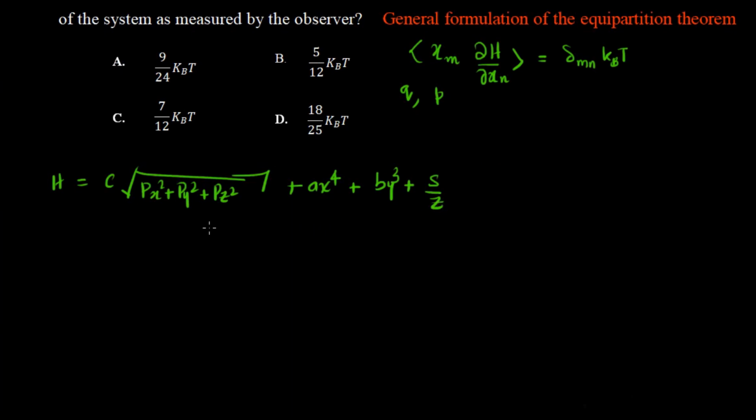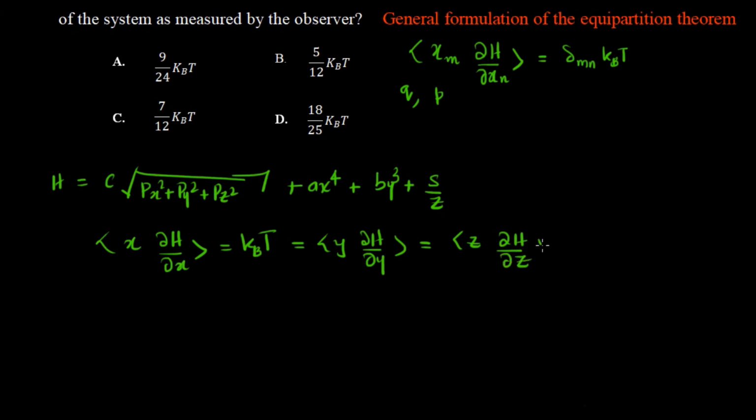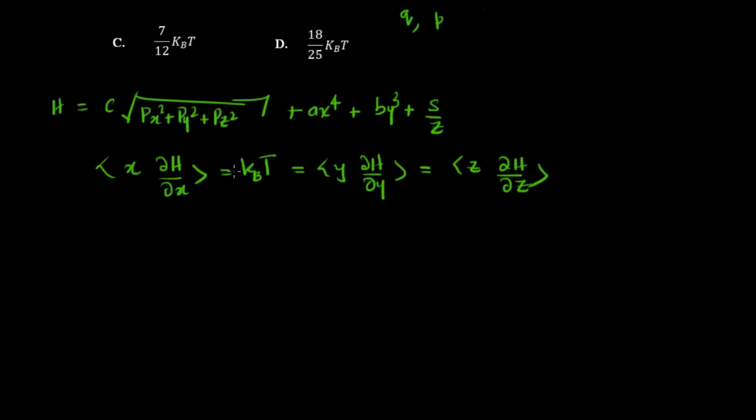In general, I can write x dH/dx is k_B T, and similarly y dH/dy, and z dH/dz. We are going to do this to find the average energy of the potential part, where the a x to the 4 plus b y cubed plus s by z terms are. We'll first see the part where the x term is.